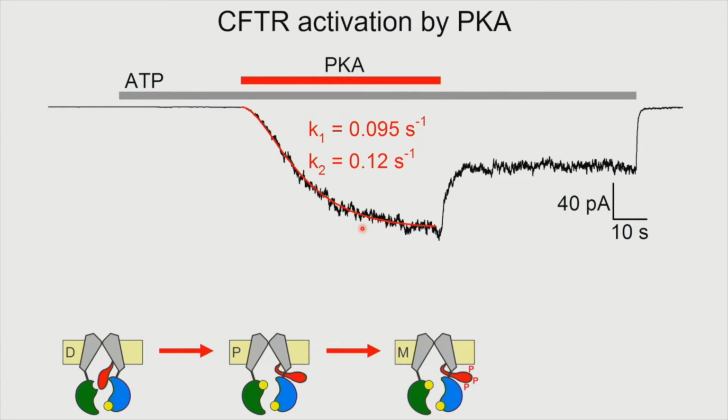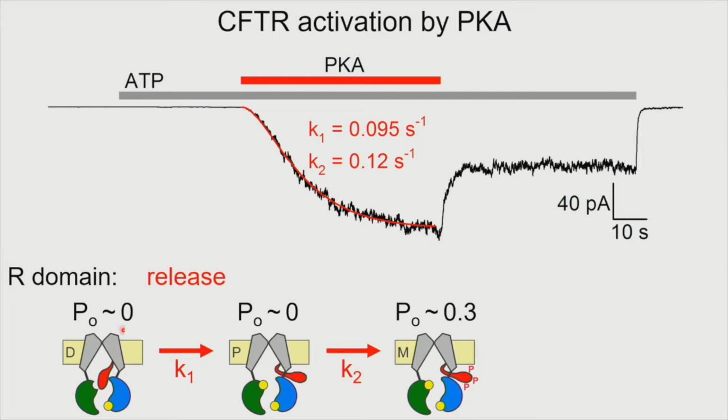Such a sigmoidal time course can be well fitted by a model which assumes that the channel has to shuttle through two non-conducting states before it opens. We propose that perhaps the first of these two steps reflects this slow or infrequent spontaneous release of the unphosphorylated R-domain, resulting in channels which can then open, but with very small open probability.